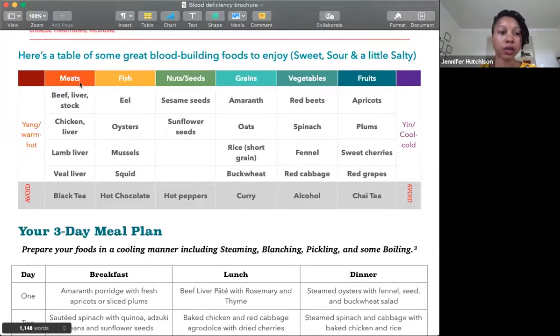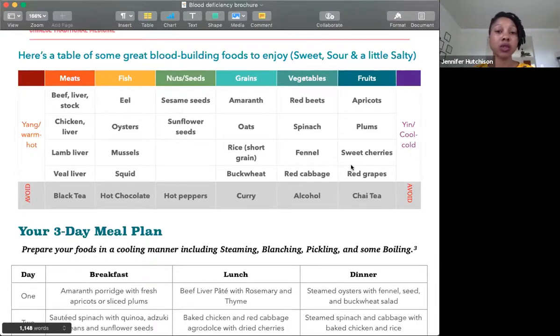And I organized it as well in columns here for meat, fish, nuts and seeds, grains, vegetables, fruits. Fruits in general are more cooling and more cold. And I would like to make a little caveat, or a side note, about cooling foods and dampness, because dampness is another pathology in Chinese medicine.